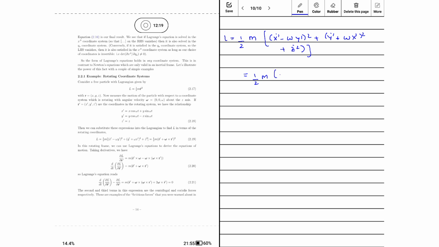Now I wonder how this came about. Again, I think I have to expand this.